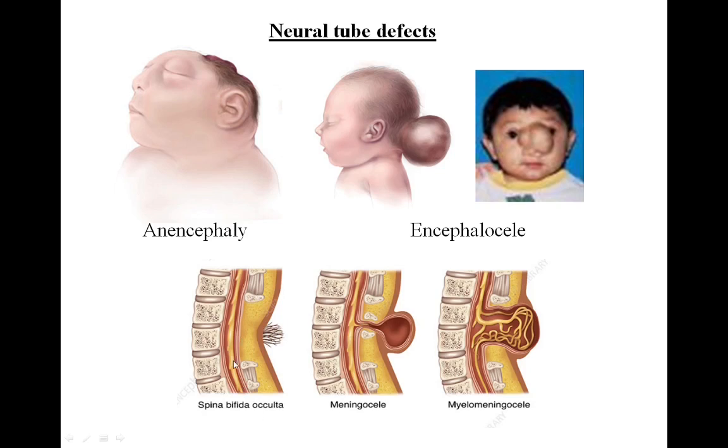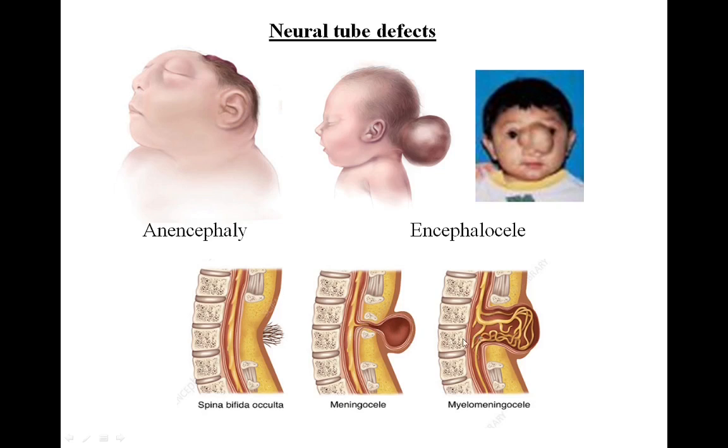There may be no symptoms. Sometimes only the meninges will come out, and there will be mild symptoms and a sac of fluid present in this region. That can also be replaced towards the spinal cord by surgery and nothing will occur. So that is only the meninges.